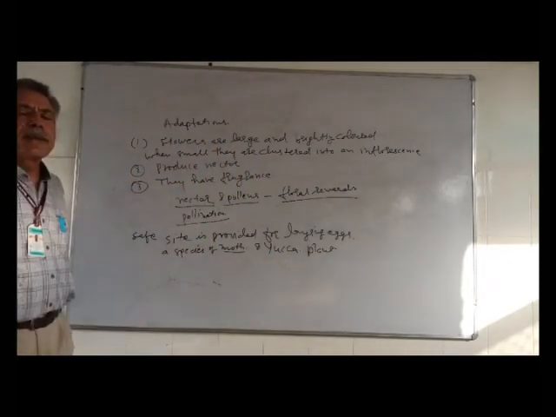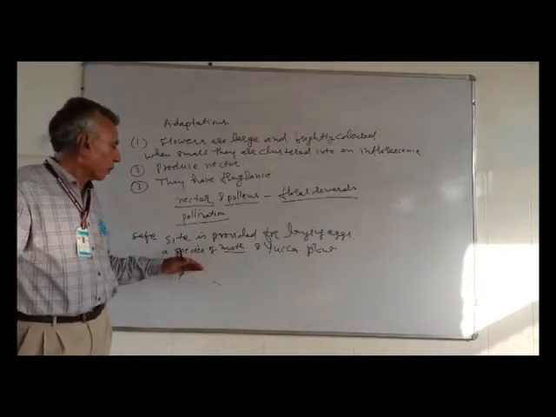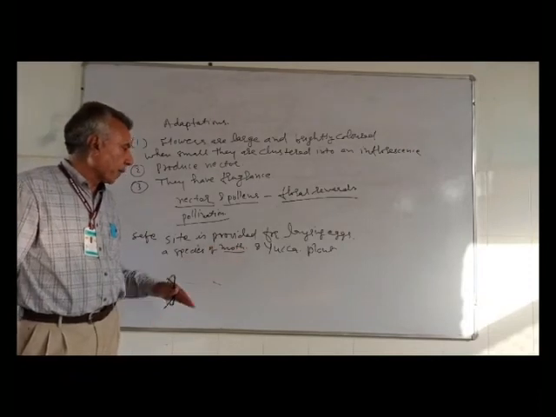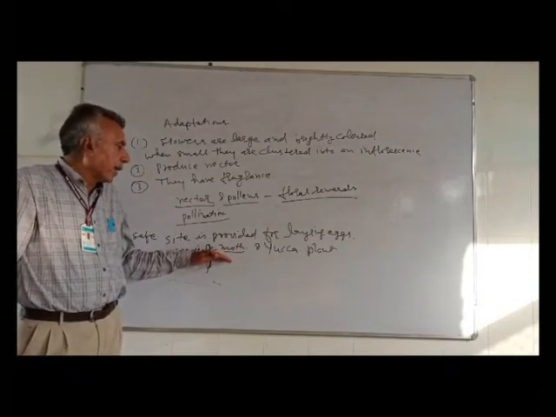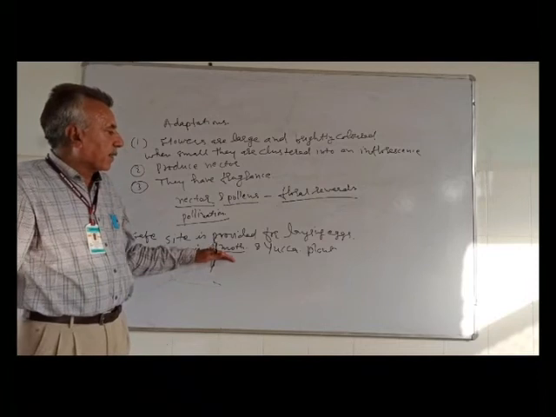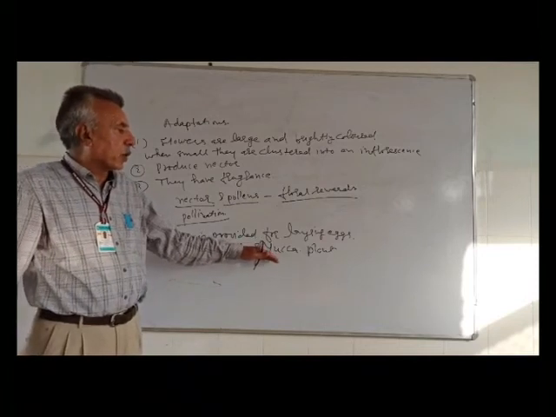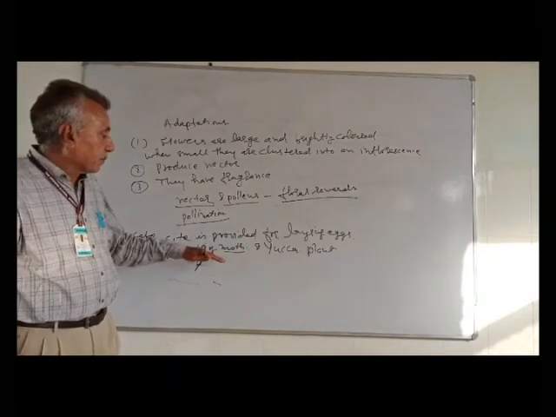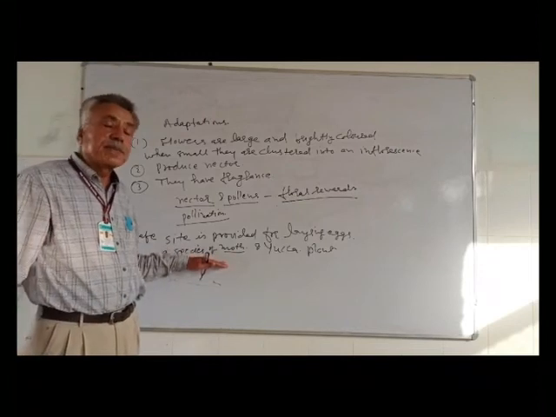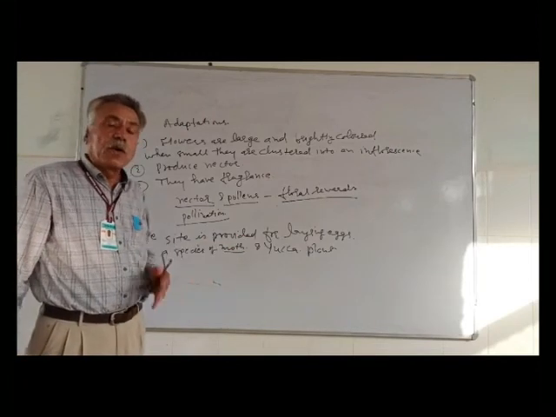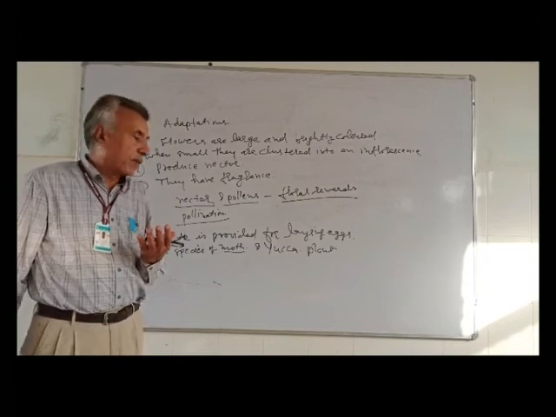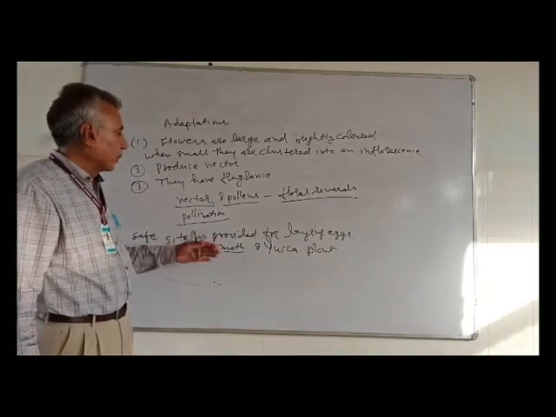A very interesting relationship is found between these two. The moth lays its egg in the ovary of the yucca plant. Its larva develops in the ovary. The ovary is a safe place for the development of the moth's egg.